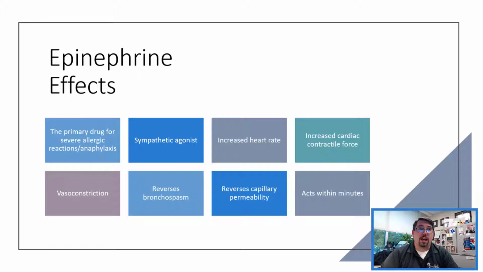We see this demonstrated through an increase in heart rate, increase in contractility or force of contraction of the heart, and vasoconstriction to pull blood from the peripheral vessels back to the core of the body. We also see that it can begin to reverse bronchospasms by relaxing the smooth muscles of the airway. It reverses capillary permeability, helping maintain fluid inside the vascular system rather than traveling to the tissue, and we know that it's very effective and acts within minutes.